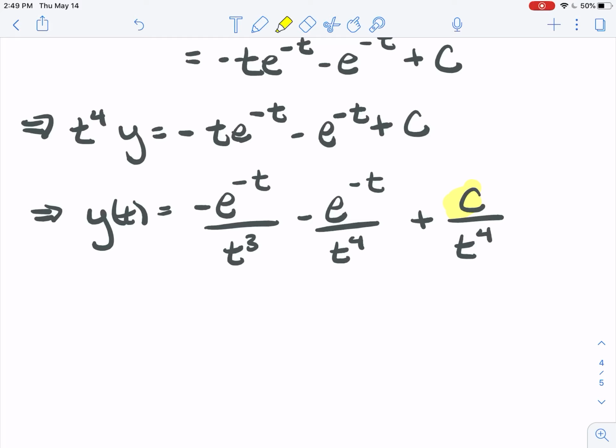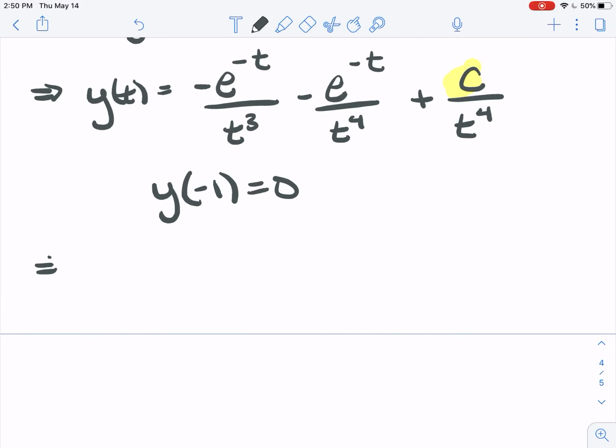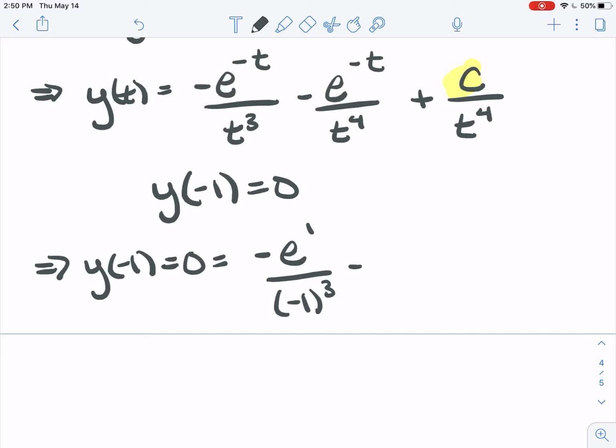But this is an initial value problem. We need to go ahead and plug in y of minus 1 equals 0 and find the constant c. So let's do that. We have y of minus 1 equals 0, and that is minus e to the 1 over minus 1 cubed minus e to the 1 over minus 1 to the 4th plus c over minus 1 to the 4th.